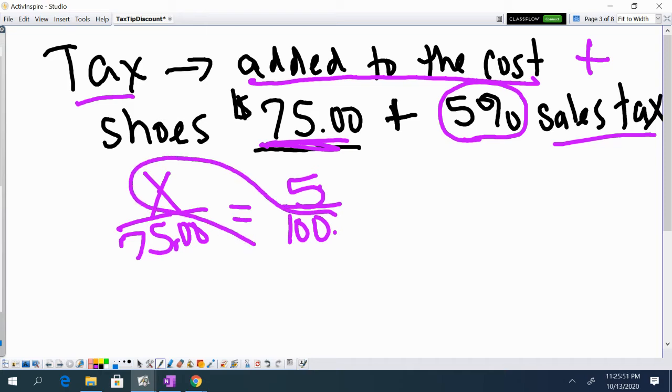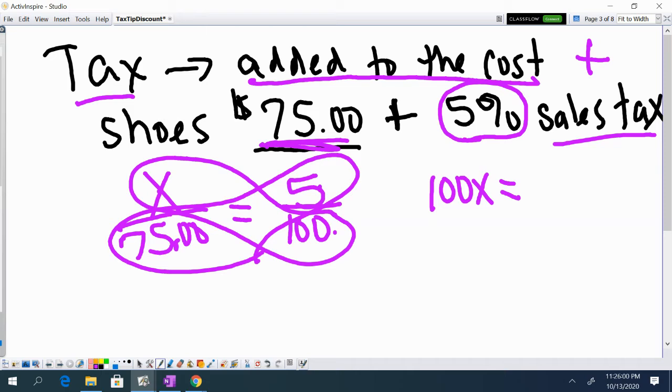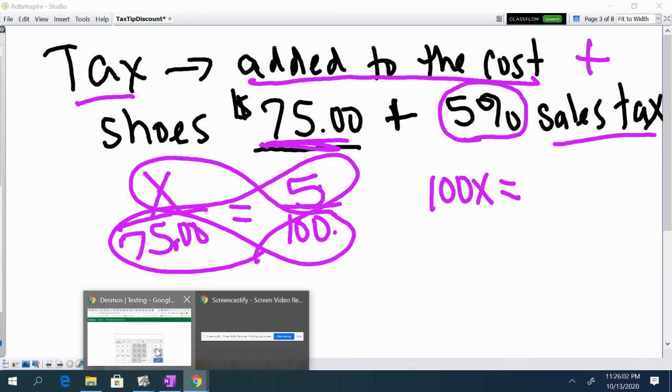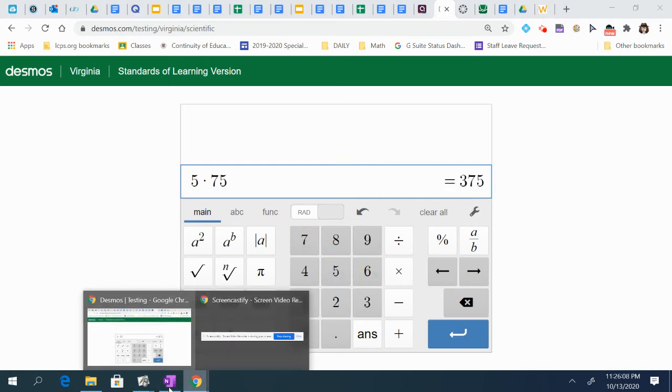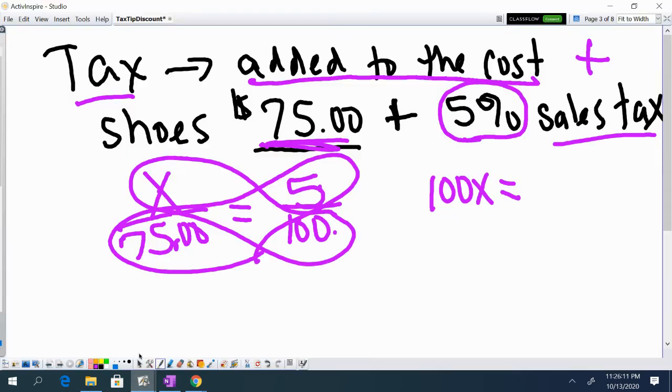I cross multiply. 100x equals 5 times 75. Let me go to my calculator and say 5 times 75, and I get 375. So 375.